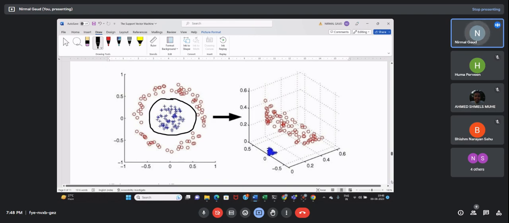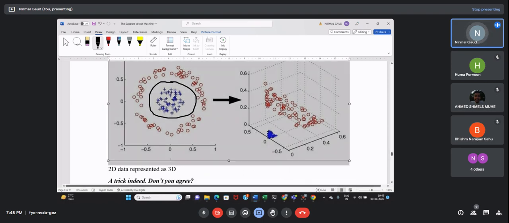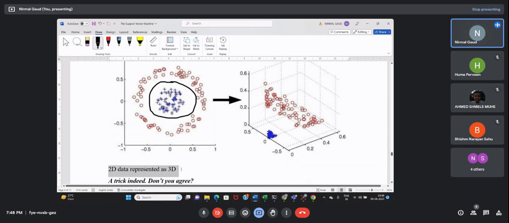So we have performed a transformation of the data points: the 2D representation is now 3D, 2D to 3D.